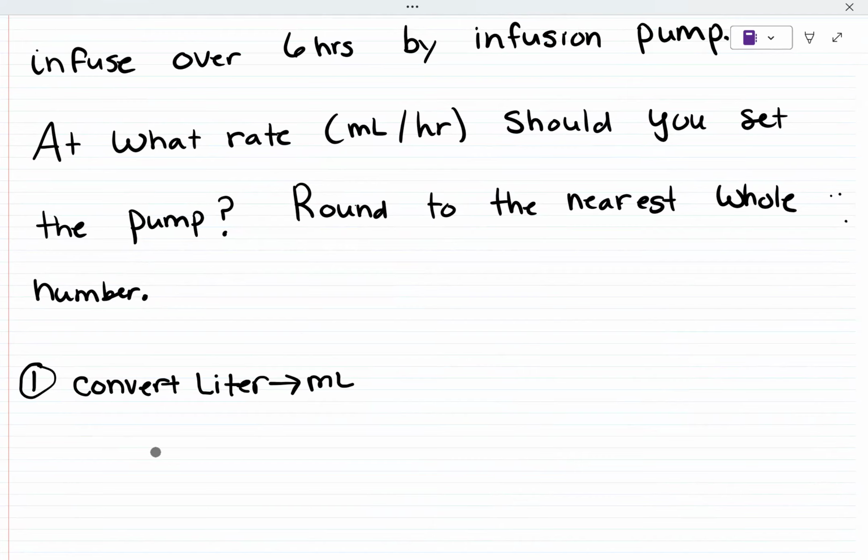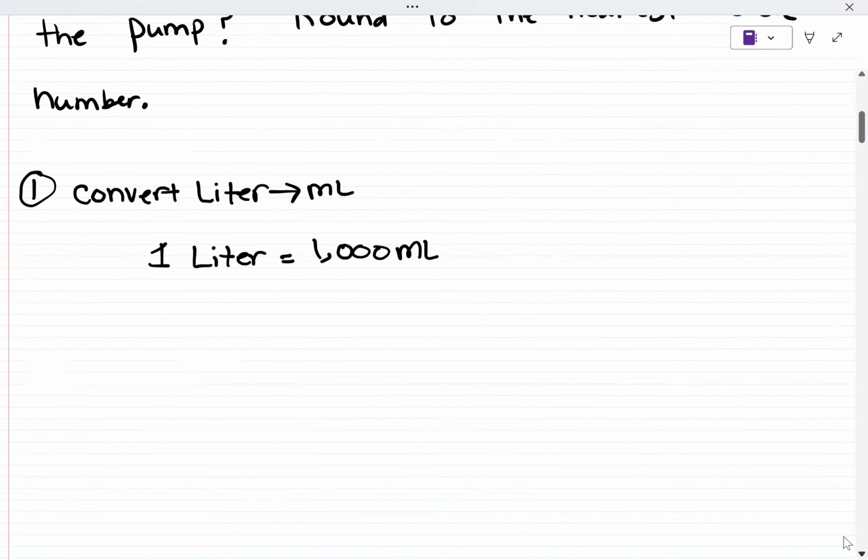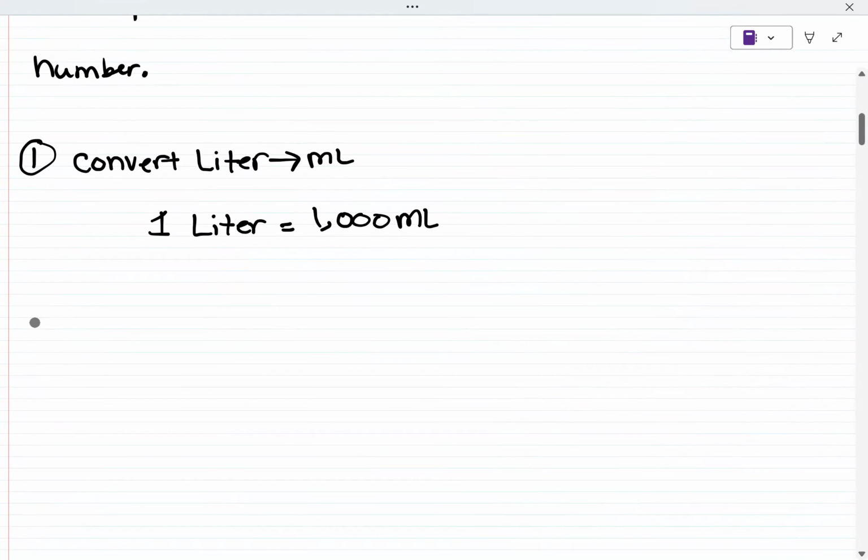So we know that 1 liter equals 1,000 milliliters. And then step two, because our final unit should be milliliters per hour, we know 1 liter is the same thing as 1,000 milliliters.